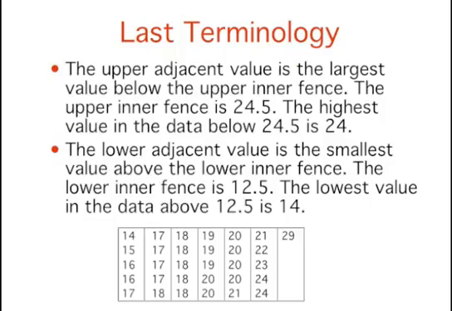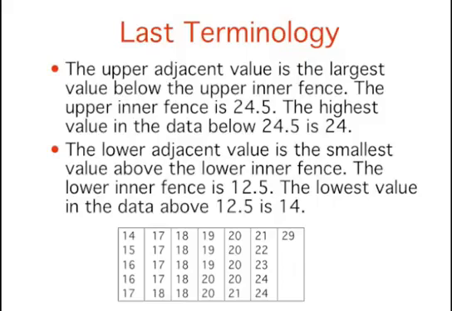Just a little more terminology, and we will get back to drawing the box plot. The upper adjacent value is the largest value below the upper inner fence. If you recall, the upper inner fence is 24.5. Looking at the raw data, you can see that the highest value below 24.5 is equal to 24.